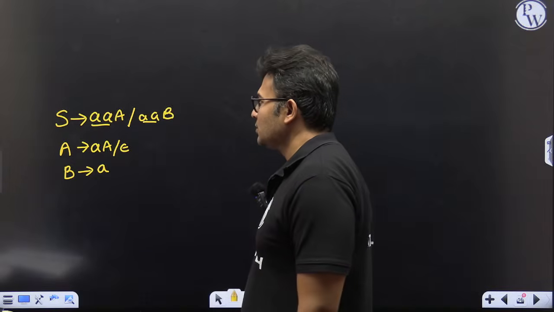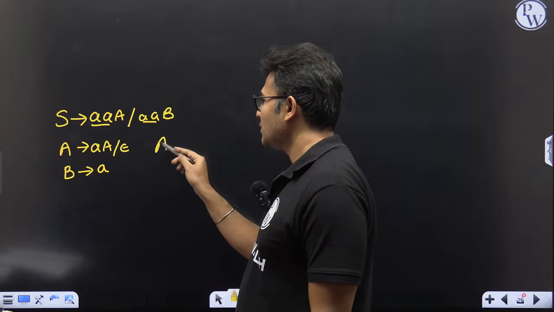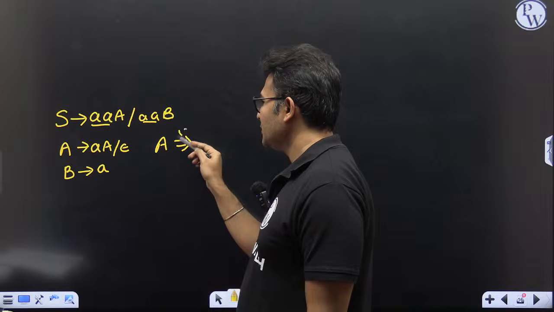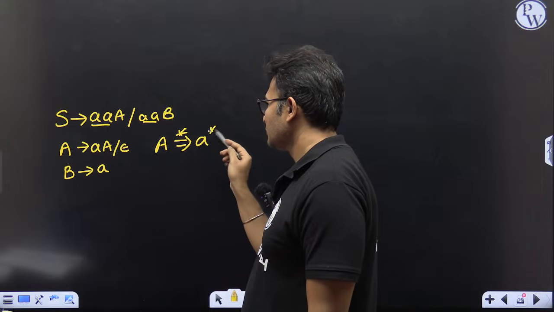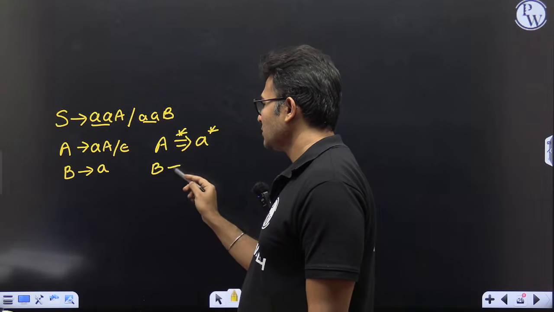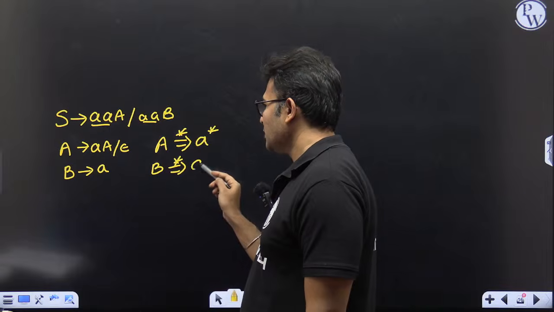Anyway, AA is common. Now let us see what A is deriving. A is deriving A star. And what is B deriving? B is deriving A, right?